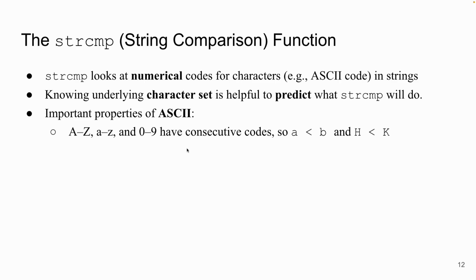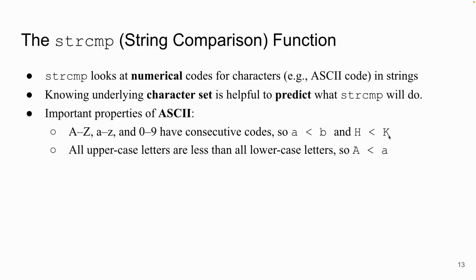The first is that in ASCII code, A to Z, lowercase a to z, and 0 to 9 have consecutive codes. Consecutive means the codes go 1, 2, 3, 4, and so on. That is why A is less than B, and H is less than K. So the order of the numbers matches the alphabetic order.